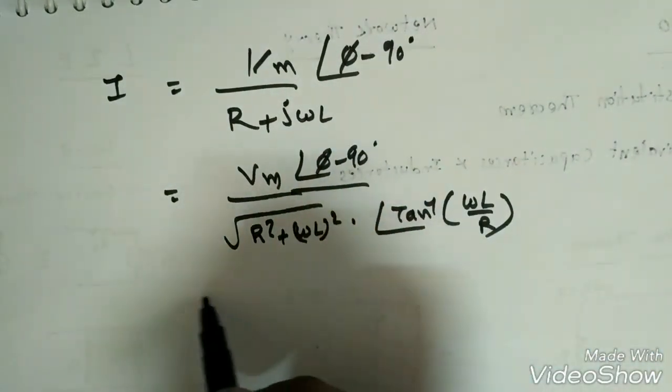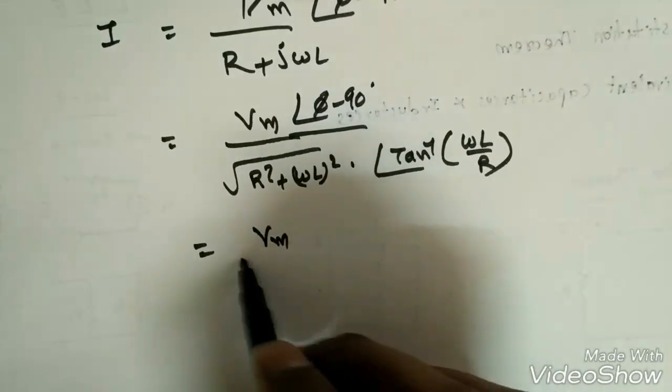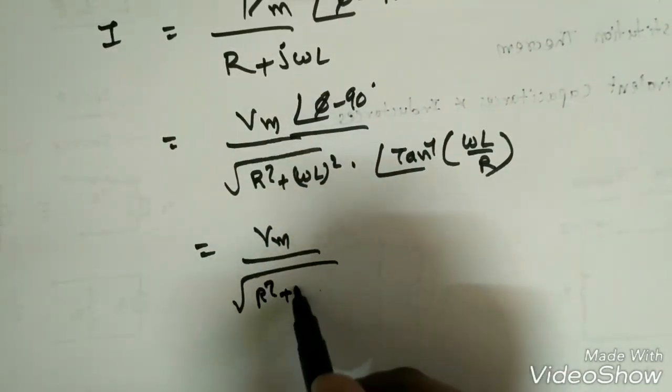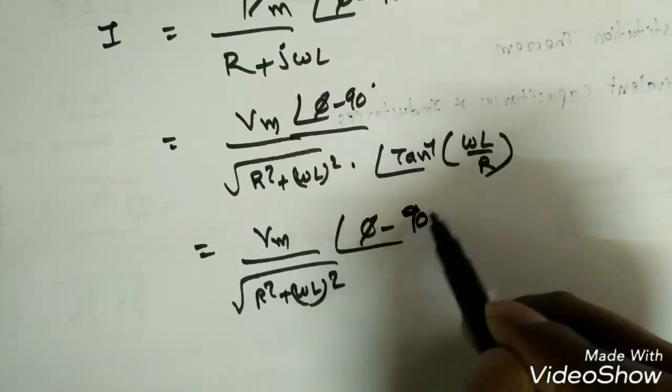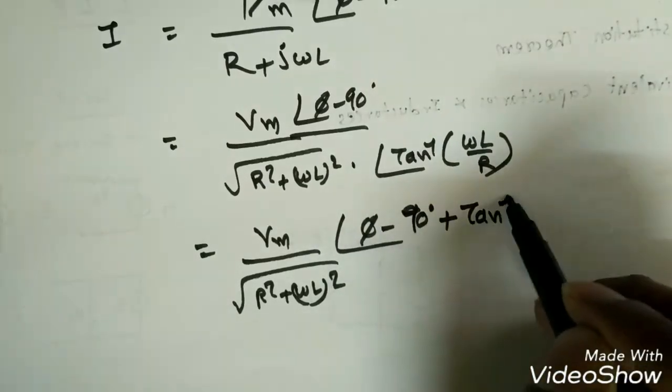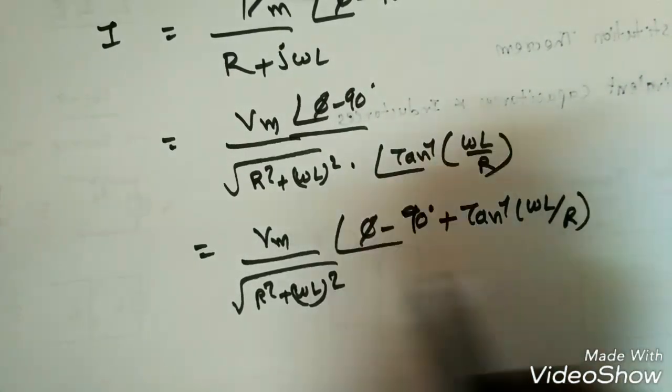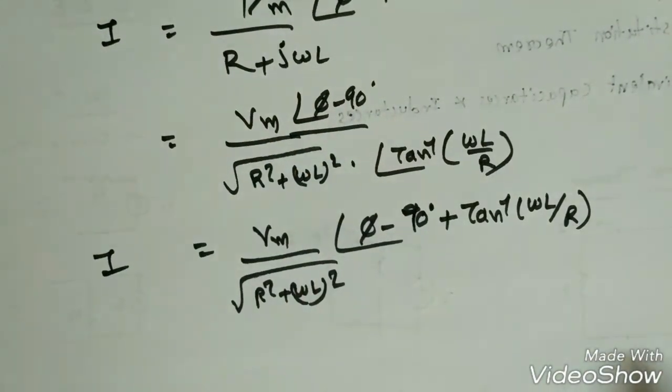If this angle is going upside, so Vm by square root of R square plus omega L whole square, angle pi minus 90 degree plus tan inverse omega L by R. This is the steady state response.